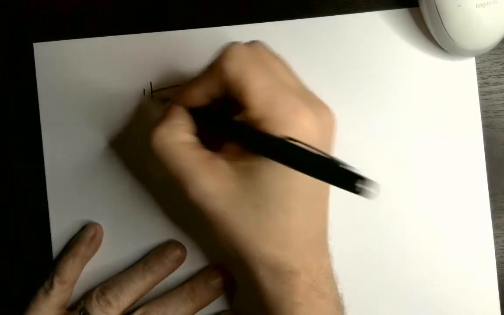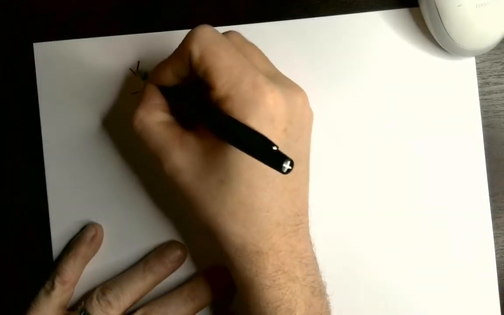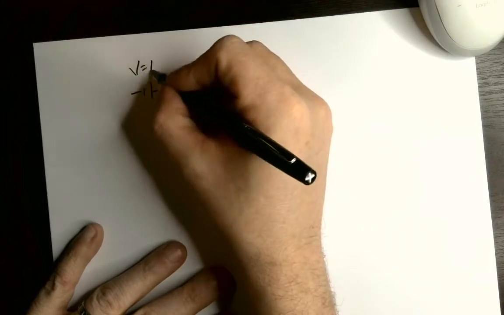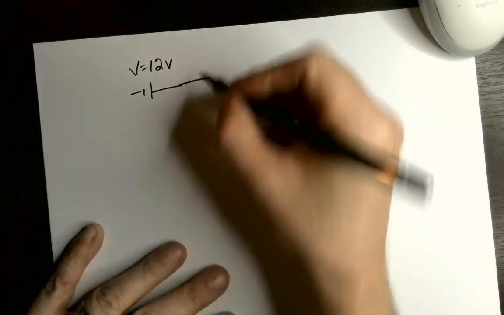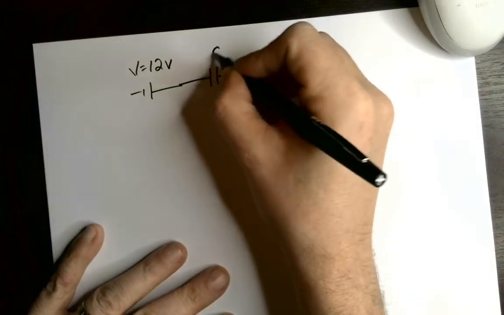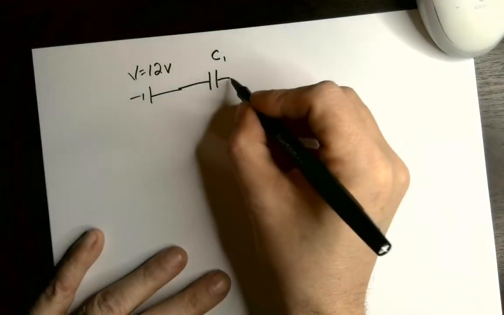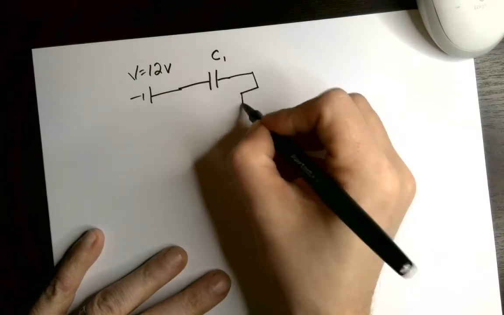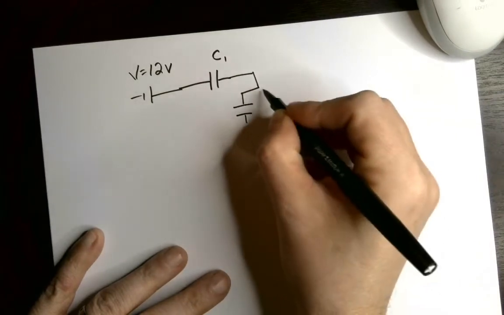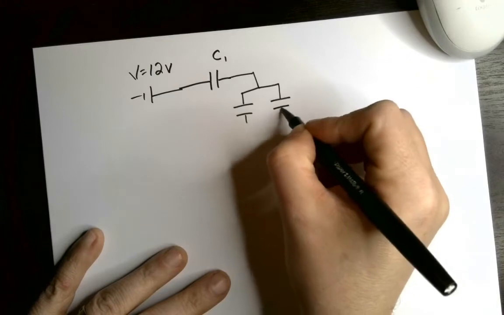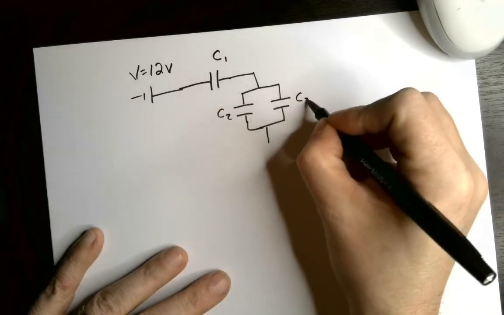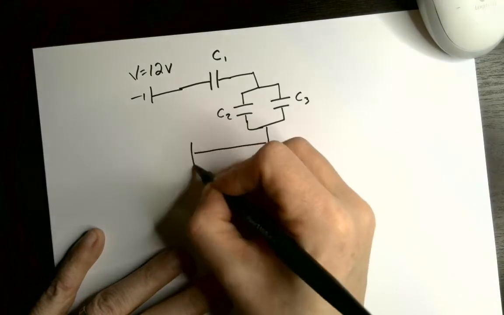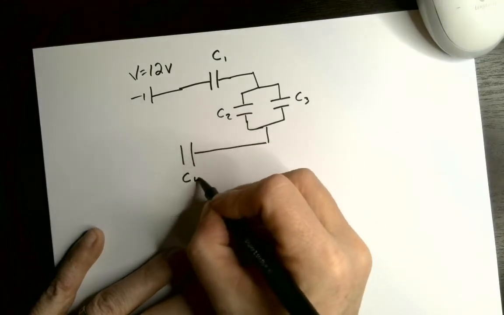So let's take a circuit with a battery. I don't care how many volts. Let's say 12 volts. And parallel plate capacitor C1, two parallel plate capacitors in parallel, C2 and C3, and another parallel plate capacitor, C4.